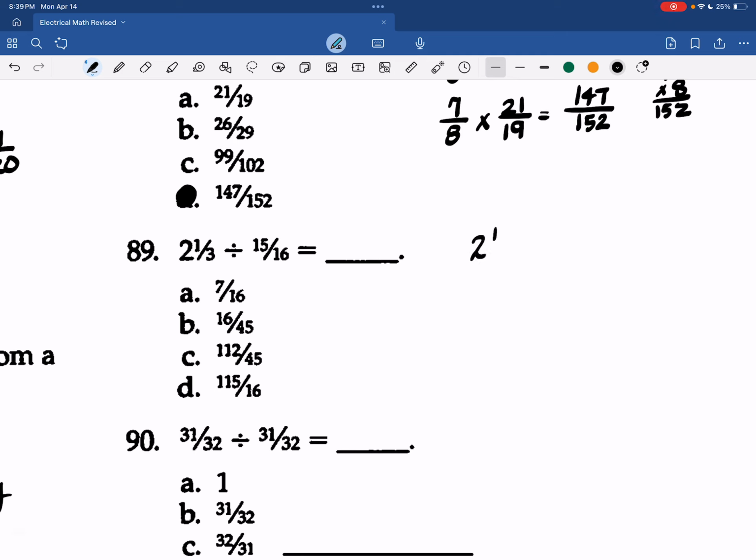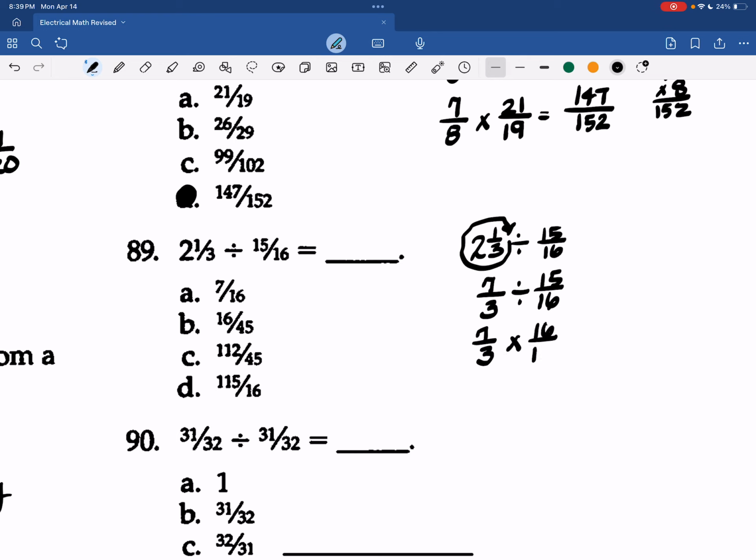2 1/3 divided by 15/16. Got to work our magic on this one. 3 times 2 is 6, plus 1 is 7 over 3, divided by 15 over 16. I would love to cancel, but I can't until I get times in here.